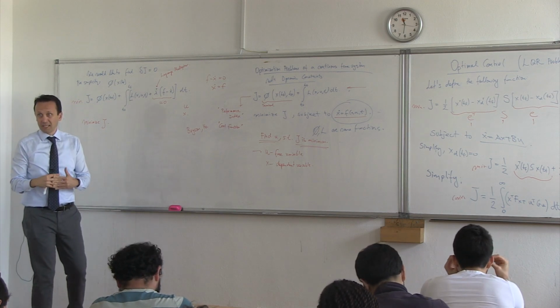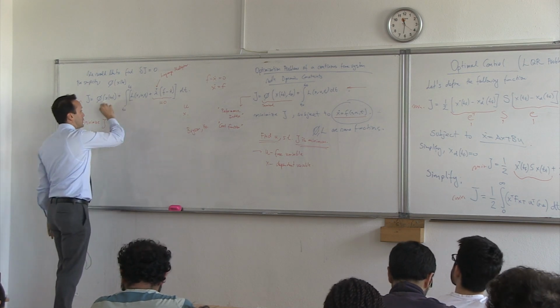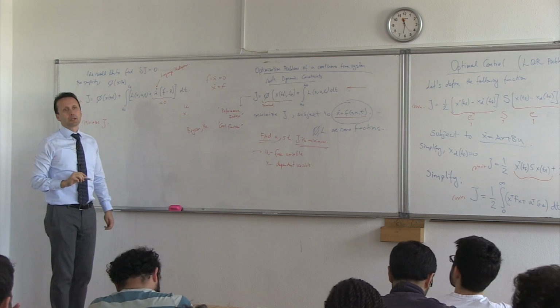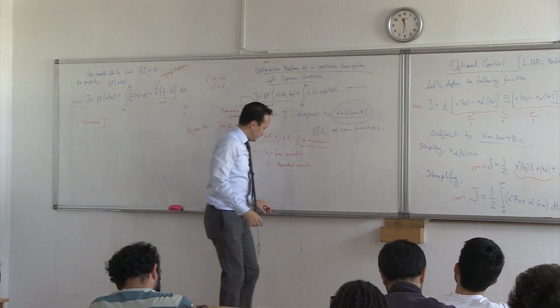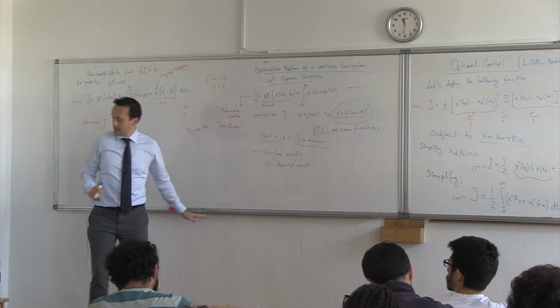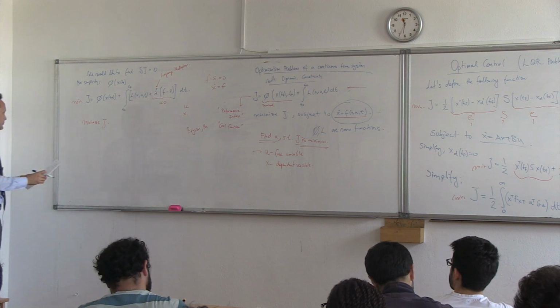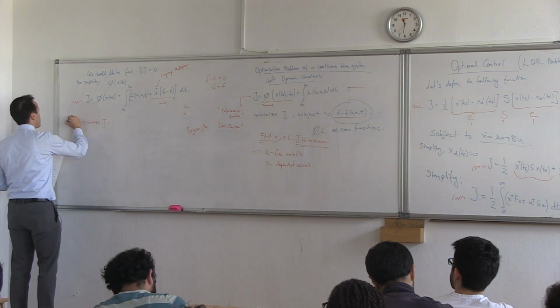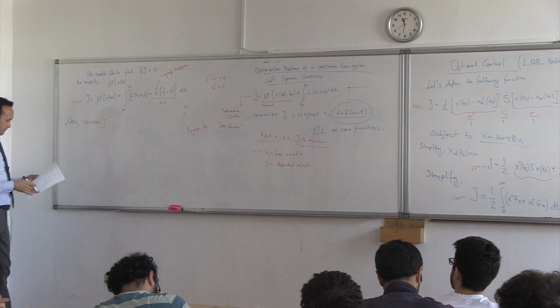At the same time, it tries to minimize these parts. That's how you add these things into the optimization problem. So that's my new problem. Now we are ready to minimize j.